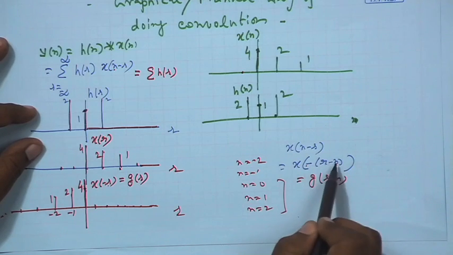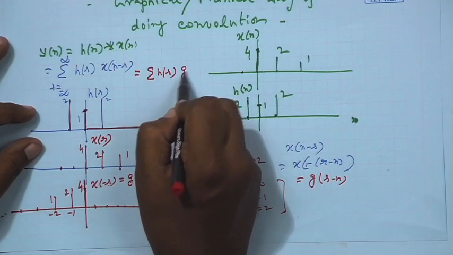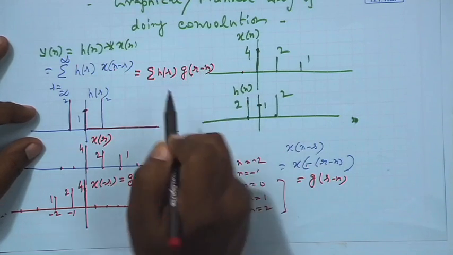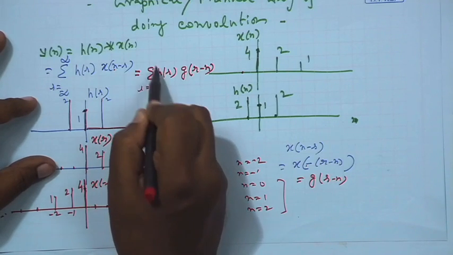So, x of minus r minus n means g of r minus n. So, I can write this as g of r minus n, and r is varying as before.